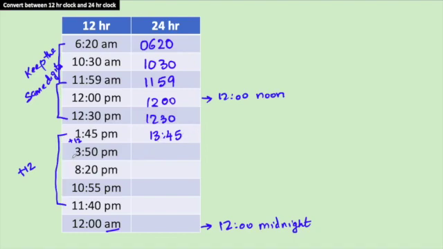Again, 3 plus 12 is 15:50. 8 plus 12 is 20. 10 plus 12 is 22:55. Remember, all the digits in the minutes place, whether AM or PM or noon or midnight, just copy as they are. 11 plus 12 is 23:40.